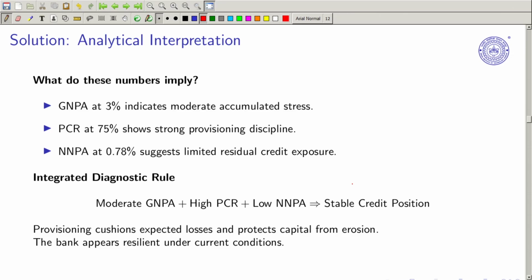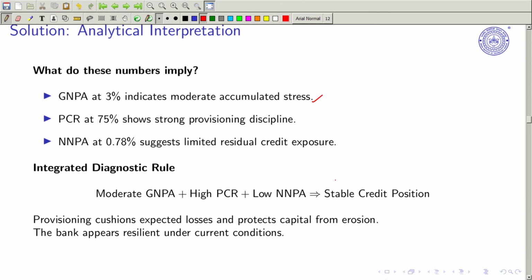So here we have the interpretation of this, how we can interpret. GNPA 3% looks moderate, right? The provision coverage ratio is at 75%, which shows that you have a strong provisioning discipline. And then NNPA at 0.78% suggests that here we have the residual credit exposure.